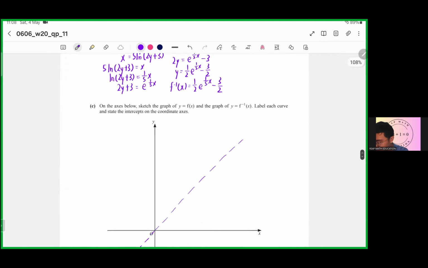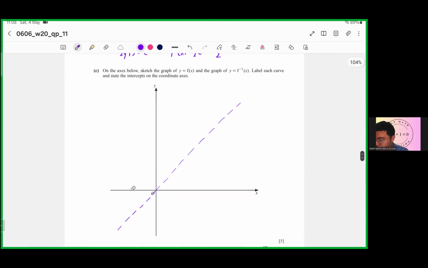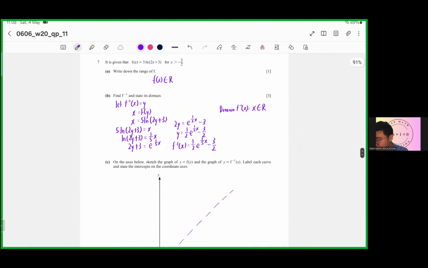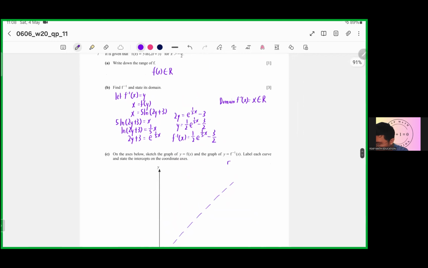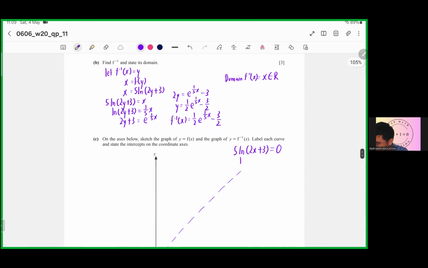So now we need to find where the y-intercept and x-intercept are. So I take 5 ln(2x plus 3) equals 0. So ln(2x plus 3) equals 0.